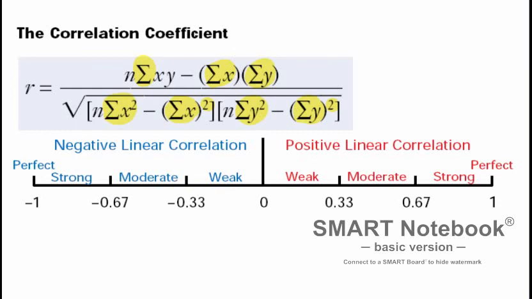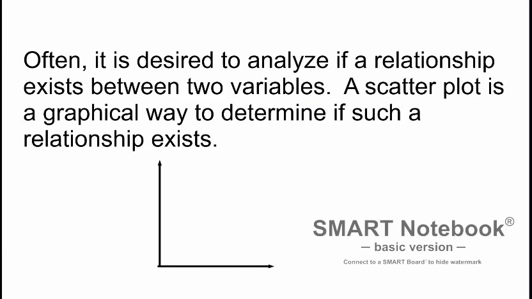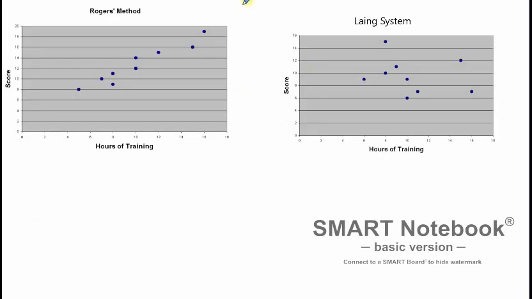And then if you look at the scatter plot for Lang's system, you'll see that not only did it look sort of wonky to begin with, but that there's actually a negative correlation taking place here. Now, the correlation coefficient doesn't talk about the steepness of the line.